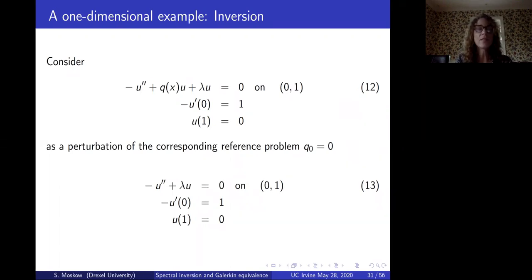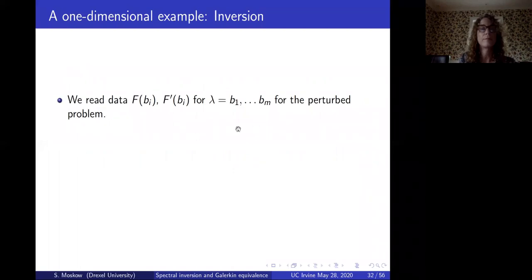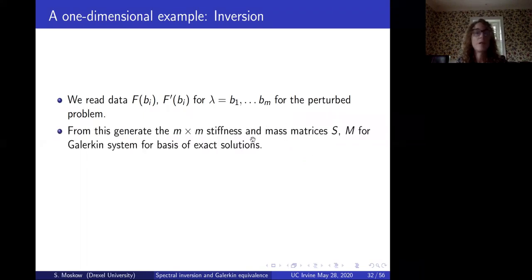So consider this as a perturbation of the reference problem with Q0 equals 0. And let's read data f of b sub I, f prime of b sub I for some spectral points for the perturbed problem. From this data, we can directly generate the m by m stiffness and mass matrices, S and M, for the Galerkin system.